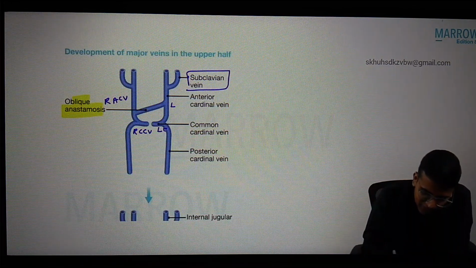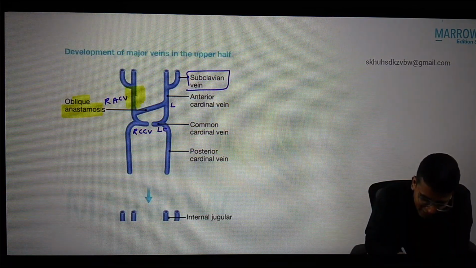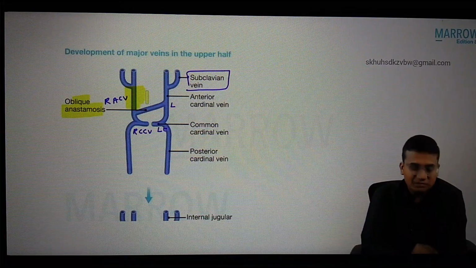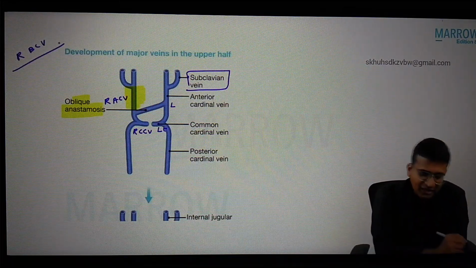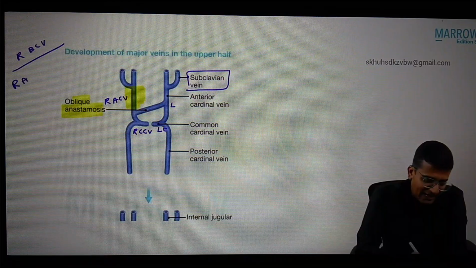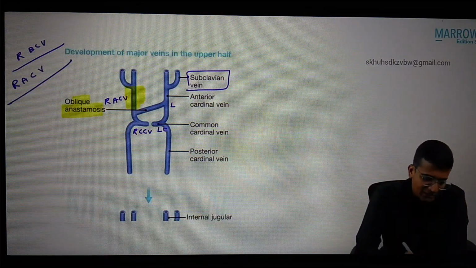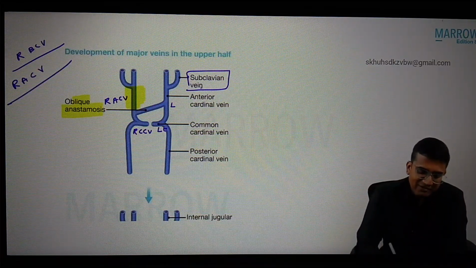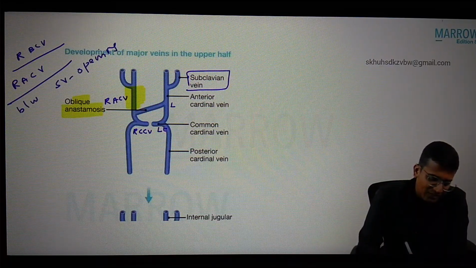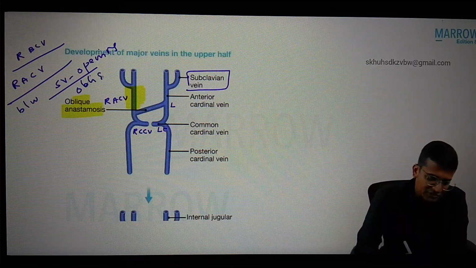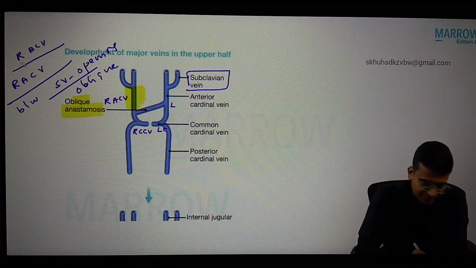Now the part I am shading in yellow color will form the right brachiocephalic vein. So the right brachiocephalic vein derives from the right anterior cardinal vein present between the subclavian vein opening and the oblique anastomosis.